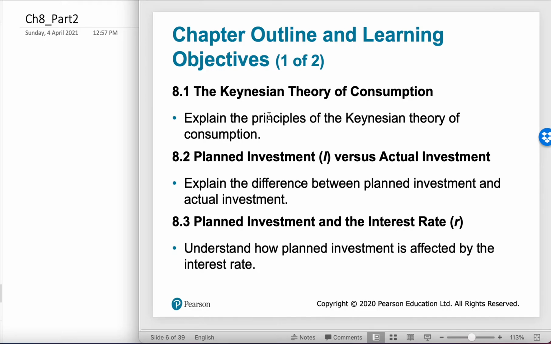As I just mentioned in the part 1 video, we are explaining the basic Keynesian model. In the basic Keynesian model, it starts with the Keynesian theory of consumption. So let's quickly redraw our simplified model.